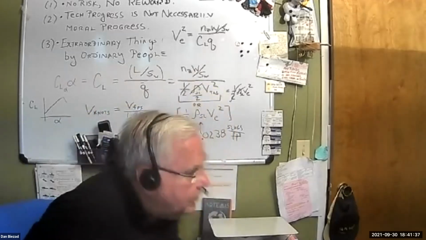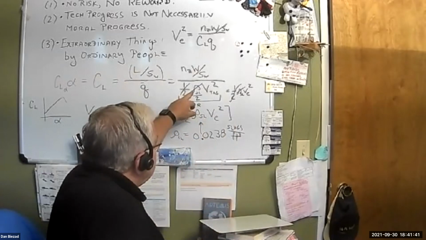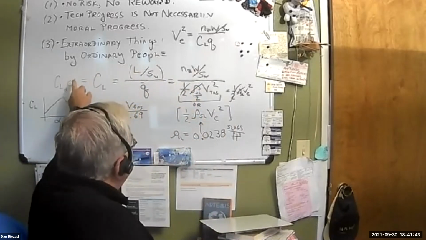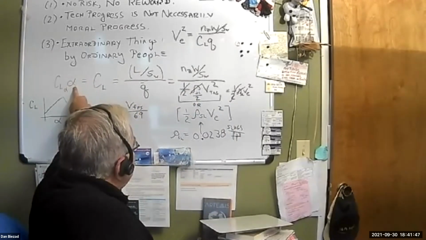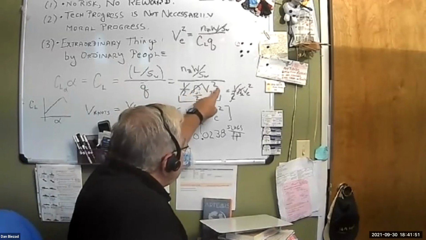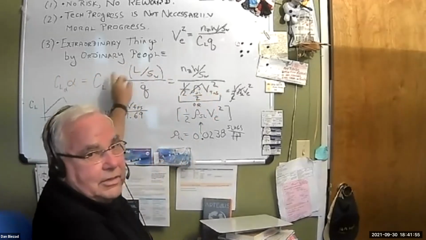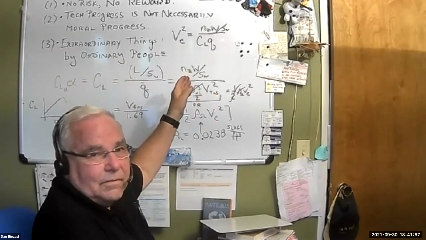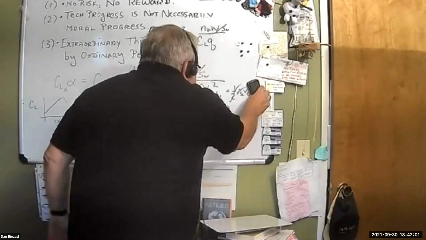So at 5,000 feet, where's the airplane going to stall? If this number gets smaller, then the number next to it has got to get bigger to keep C sub L at the same value. Does that make sense, what I'm saying? Yeah. Let me put this back to how it was.